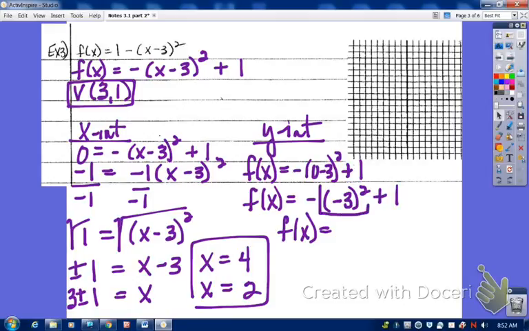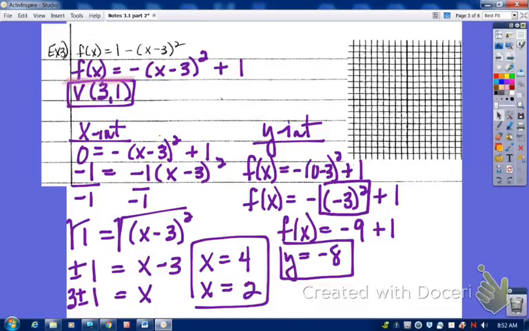I'd square the negative 3. And what's negative 3 squared? Positive 9, but multiply it by that understood negative 1, so you get negative 9 there, plus the 1. And so your y-intercept comes out to be negative 8.